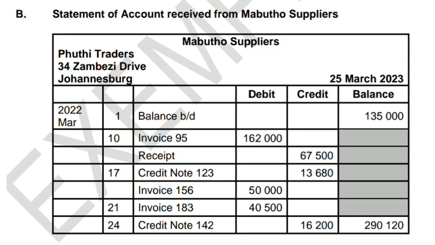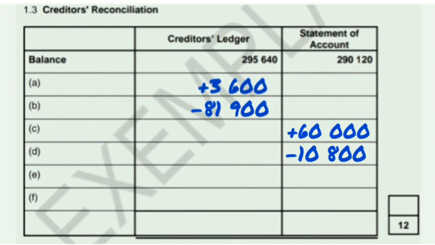The problem here is that when you look at the statement from Mabuto in information B, there is nowhere where they talked about that journal voucher 66. So basically my job is to enter it. I no longer owe them the 10,800, so I'm going to go in my statement of accounts from Mabuto and minus 10,800 to indicate that I no longer owe them that amount.